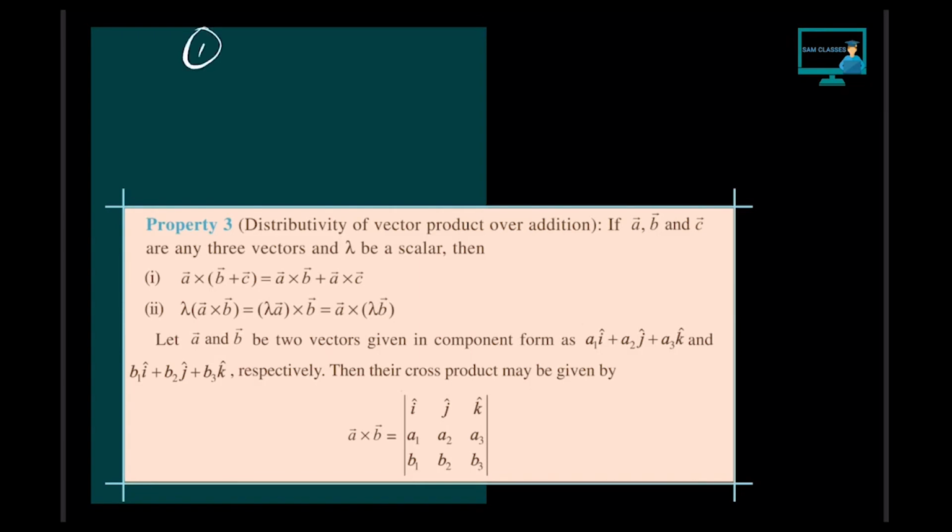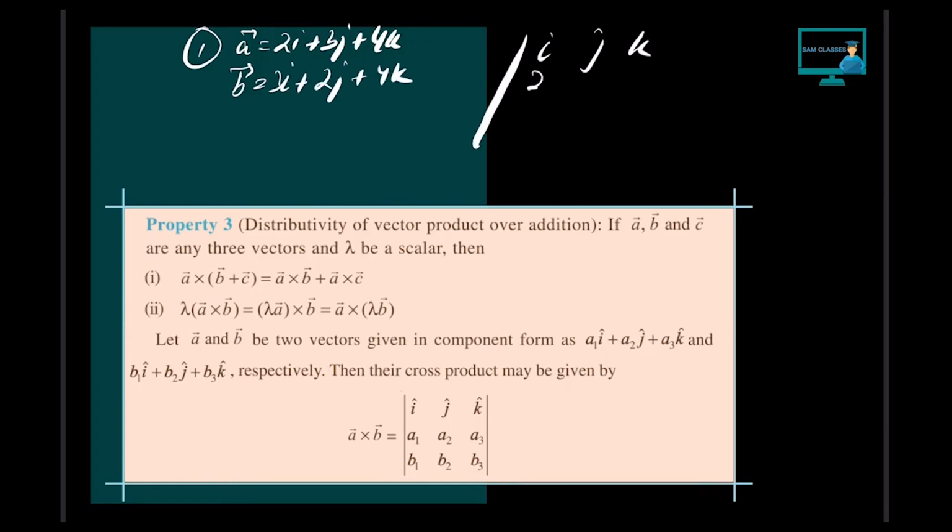So a vector is equal to 2i plus 3j plus 4k, and b vector is equal to 3i plus 2j plus 4k. When I do a cross product, i, j, k, 2, 3, 4, 3, 2, 4. For i, leave that row, leave that column: i into 12 minus 8.